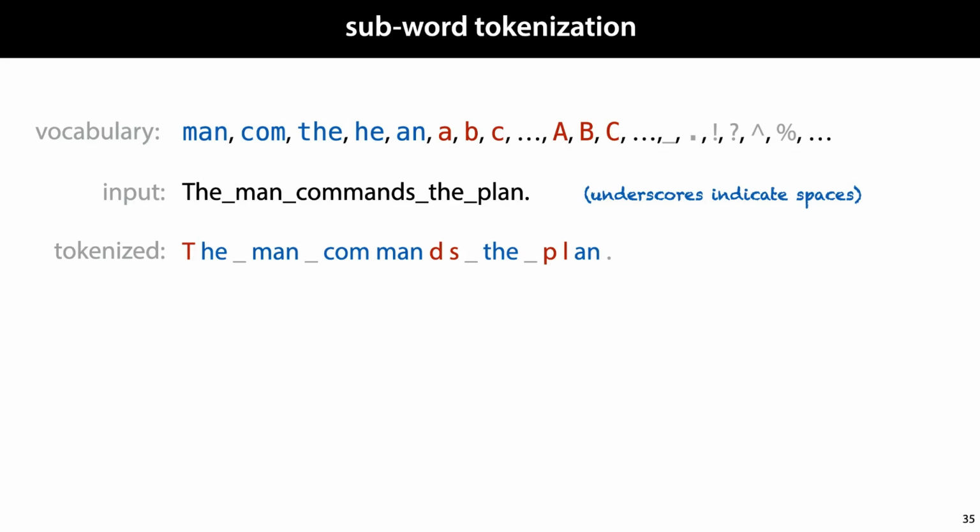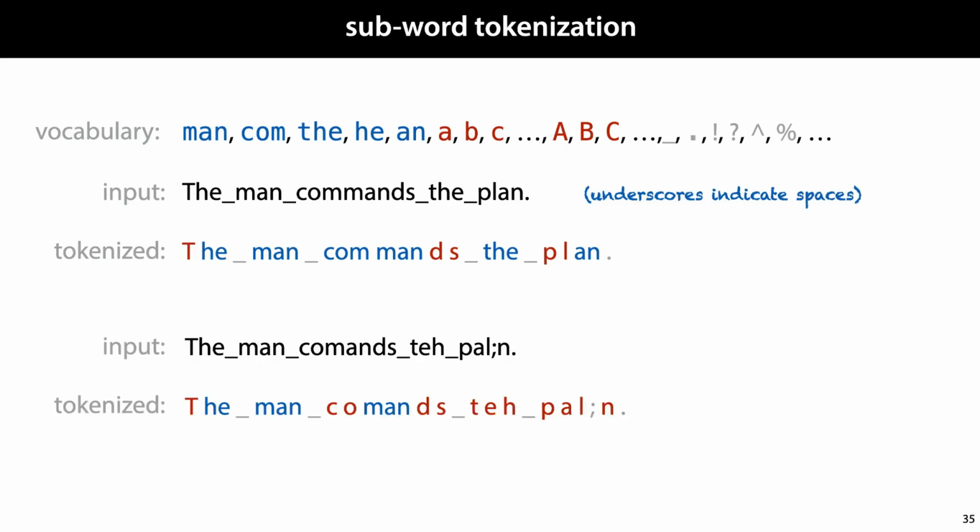If a sentence is very regular and properly spelled, we'll tokenize it in about the same number of tokens we would get if we used word-level tokenization. If there are typos or uncommon words, we will need to revert back to single-letter tokens. We'll get a longer sequence, but at least we can still represent everything in the sequence and feed it to the model without loss of information.